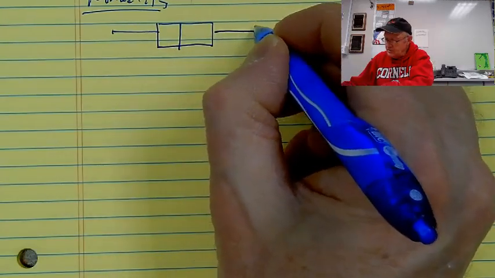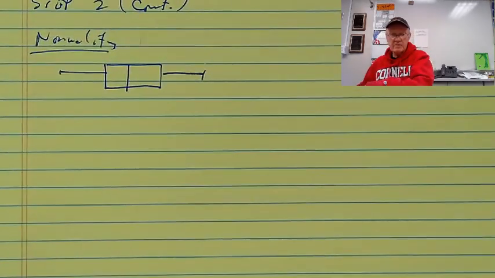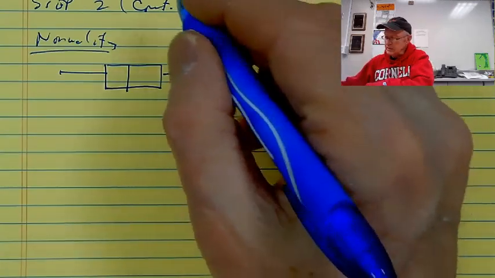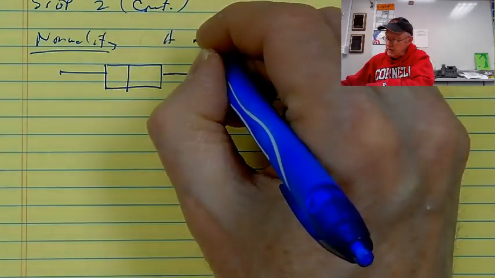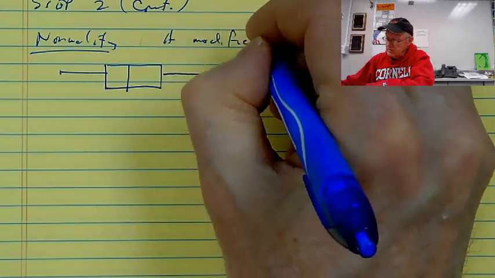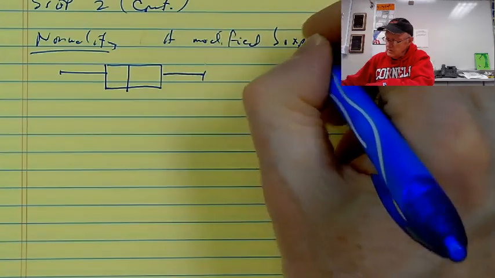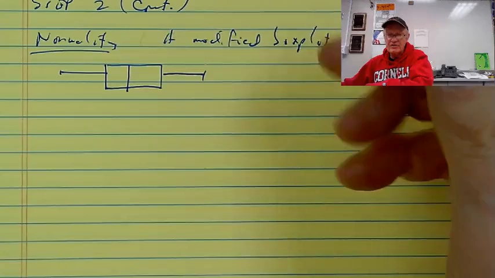So let's put some language around this. A modified box plot. I want to say not just of the data. We should get out of that habit and don't just toss the word data around all the time.